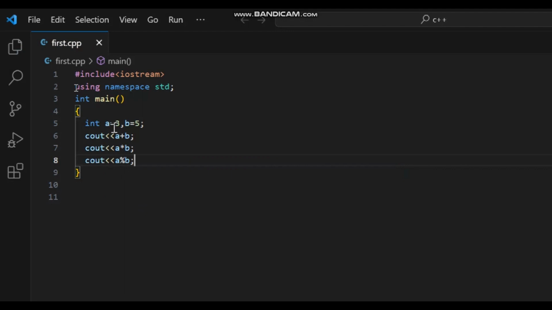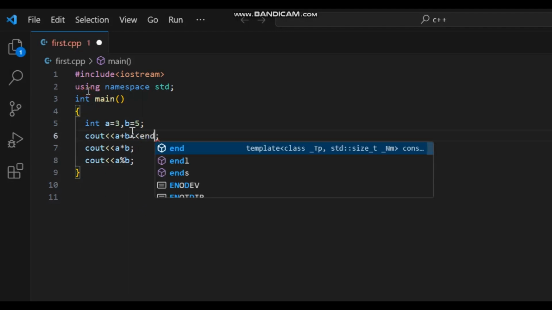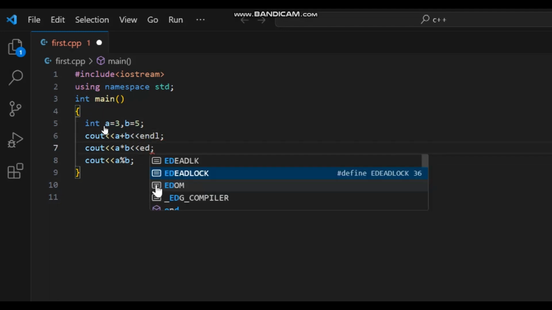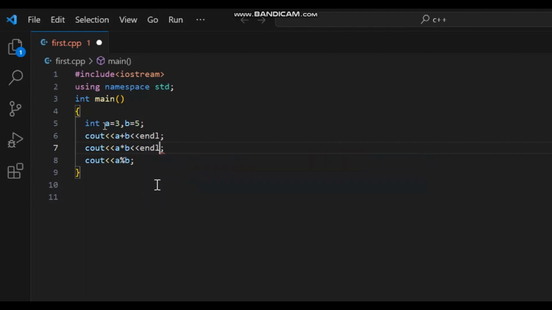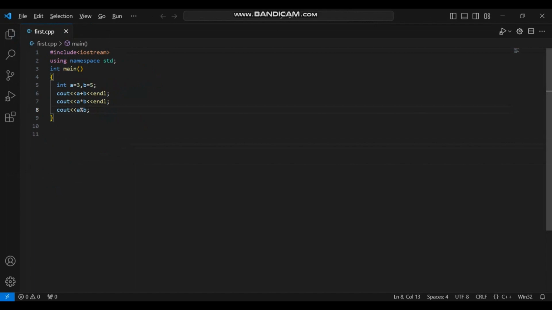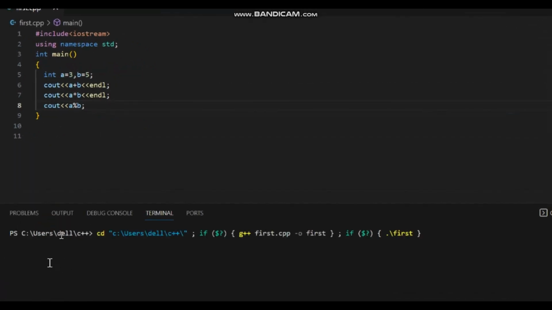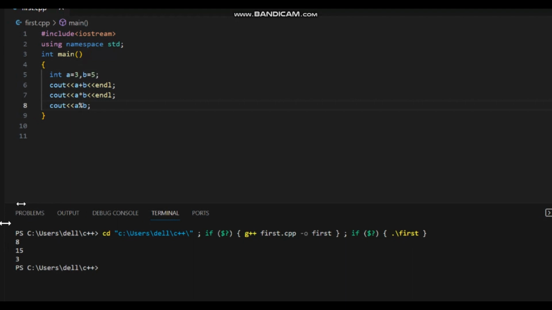I will take endl for printing each in the next line. I will see the output. The output we got is 8, 15 and 3, because 3 plus 5 is 8 and 3 into 5 is 15.